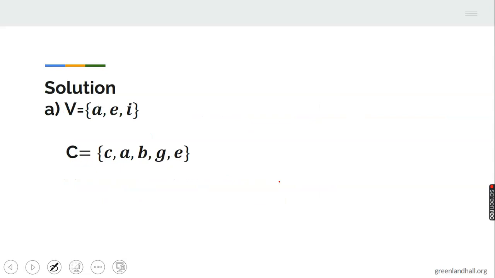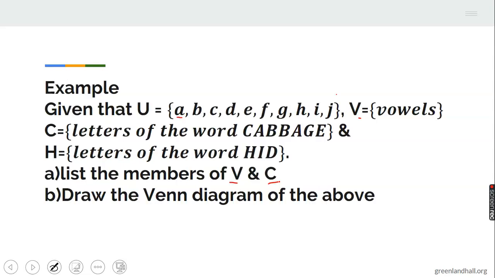This is the solution. The universal set, among this universal set, the vowels we have are A, E, and I. Since this is the universal set, we're only considering from A to J, not the entire alphabet.